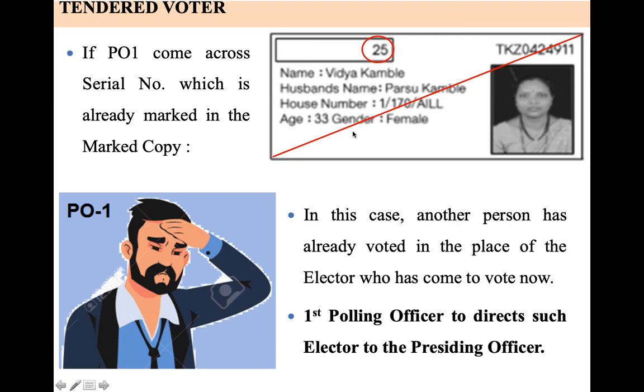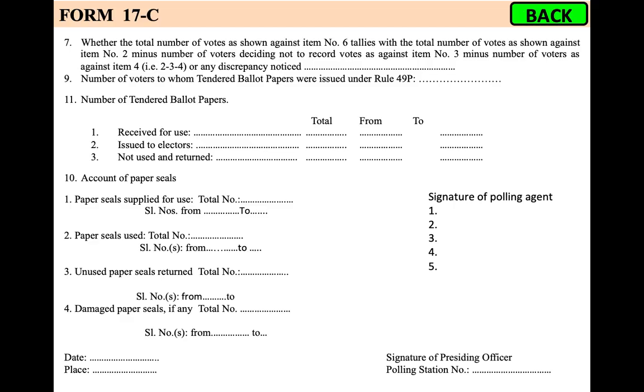She will be given a ballot paper, the kind of voting that we used to do before the EVM machine. That kind of voting is known as standard ballot paper voting, and the record of this is not maintained in Form 17A, but in Form 17C, in point number 9.